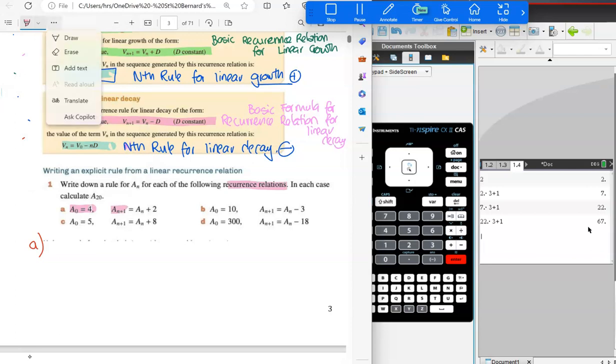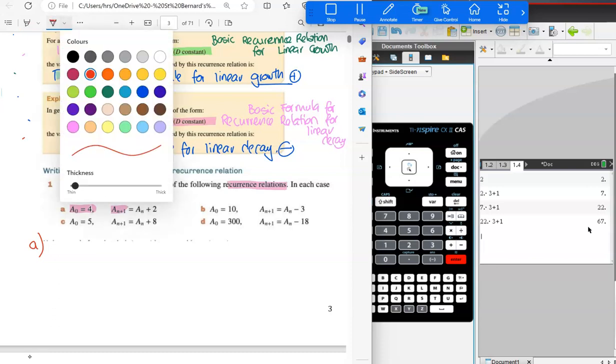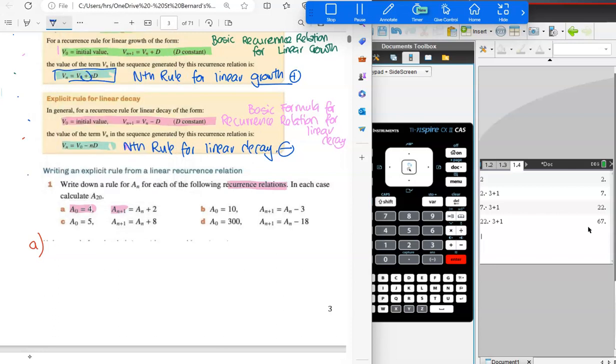So what they want me to do is write the nth rule, so I could find AN for these relations, and then they want me to actually calculate A20, which is the value of A20. So let's have a look.